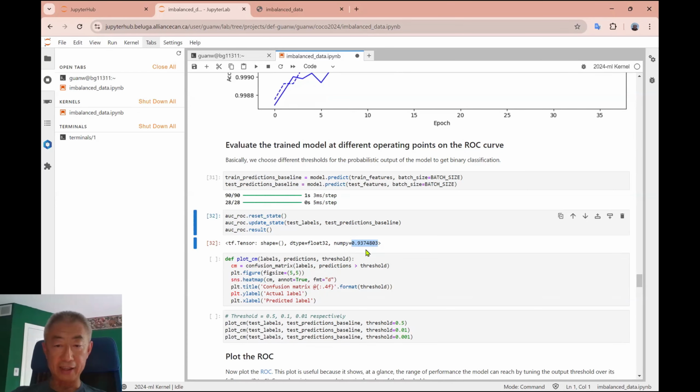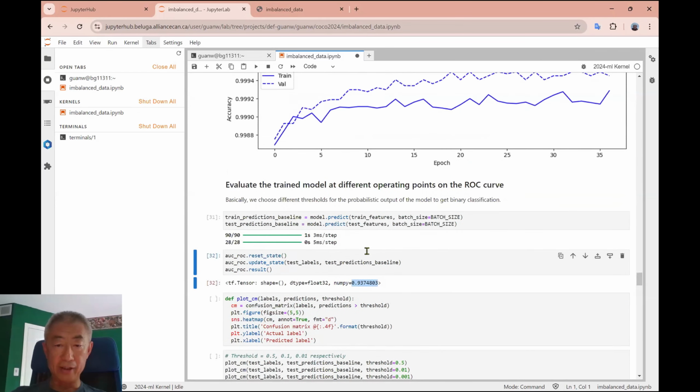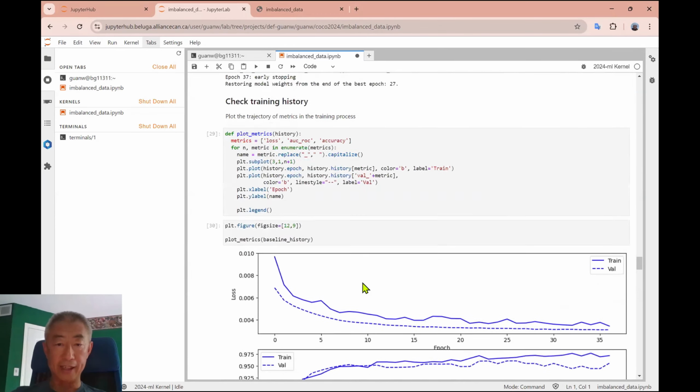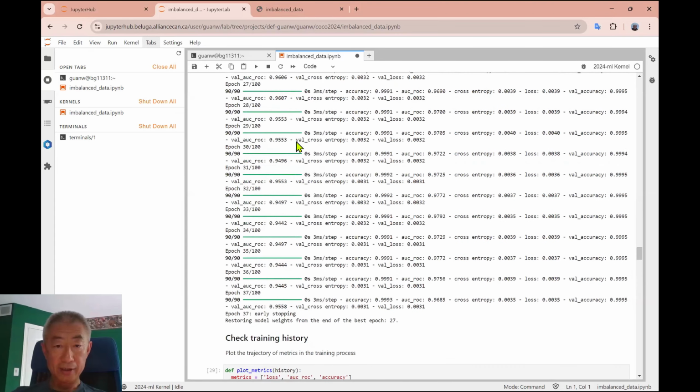So you see on the test data, we didn't get a very good result. That is not as good as the one that we got before, like 0.96.